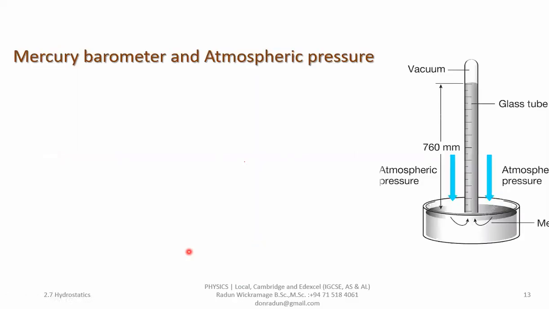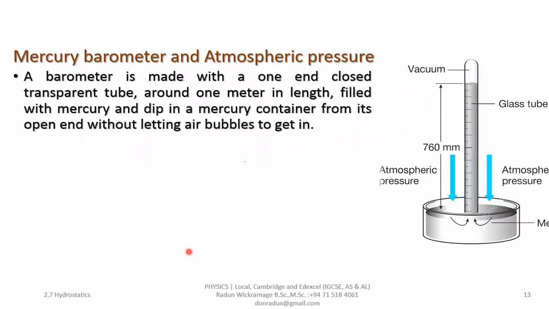Then let's move on to the mercury barometer. This is an instrument to measure the atmospheric pressure. A barometer is made out of one enclosed transparent tube like this, around 1 meter long, filled with mercury and dipped in a mercury container from its open end without letting air bubbles get in.